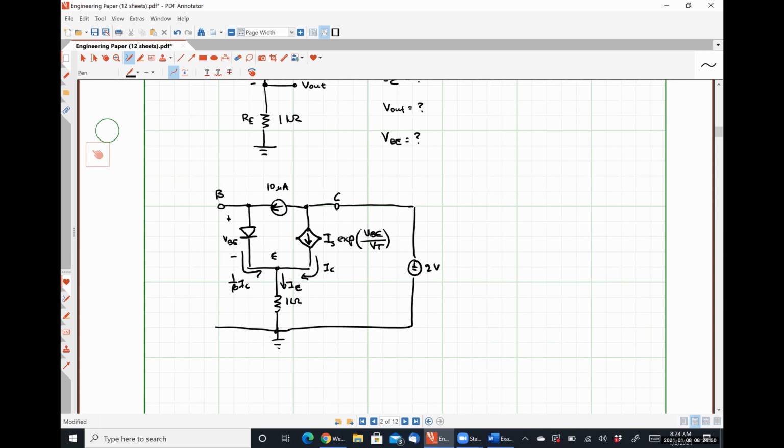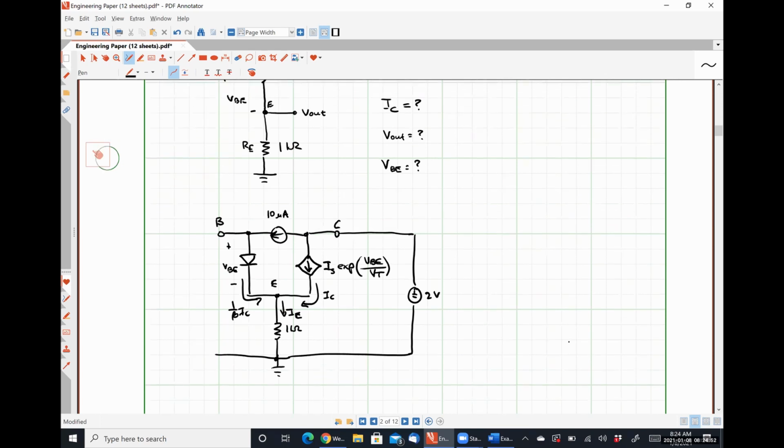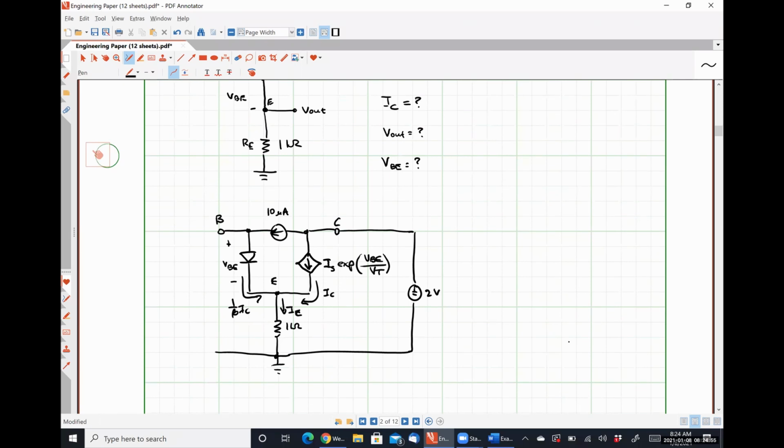All right, so we're all in accord that this is the correct large signal equivalent circuit.